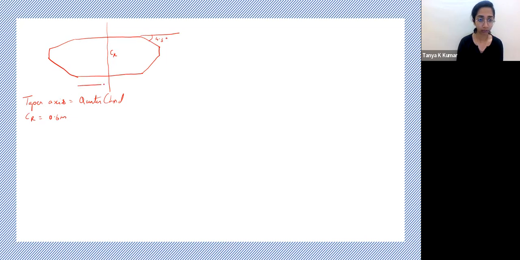You have this distance to be 2 meters, and this small distance is 1 meter. Okay. Now find the AC. So how do we proceed with this?